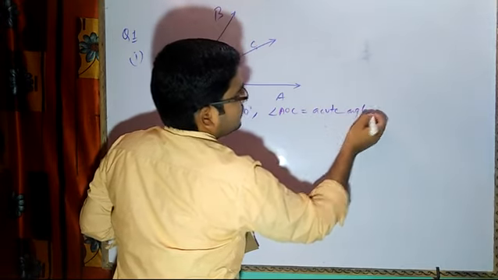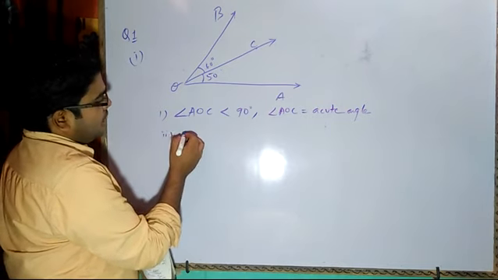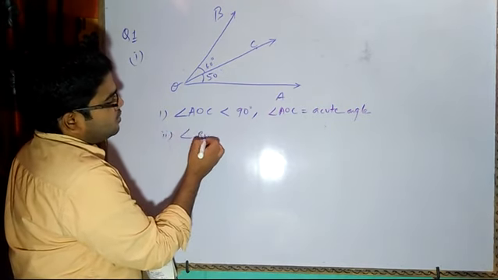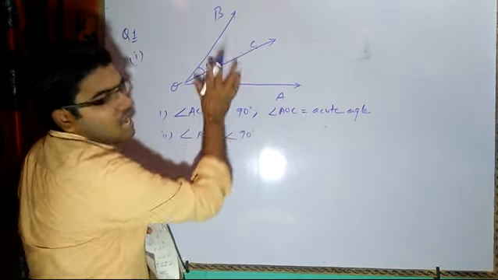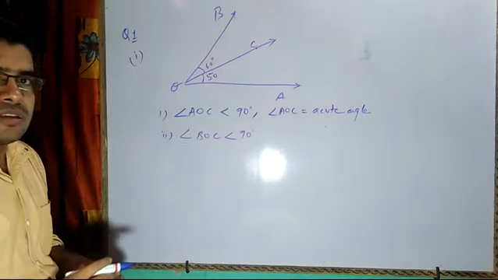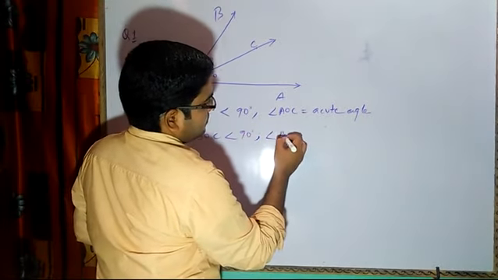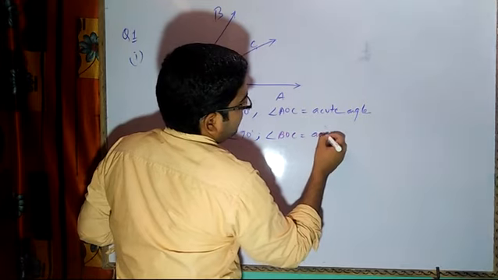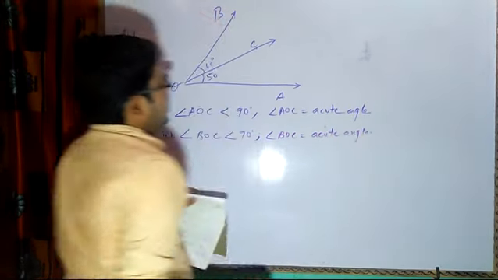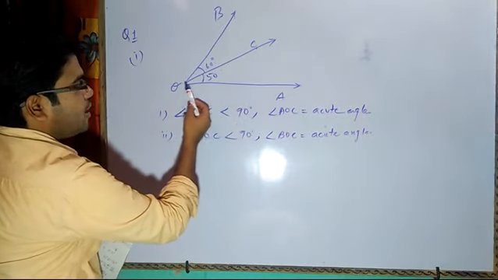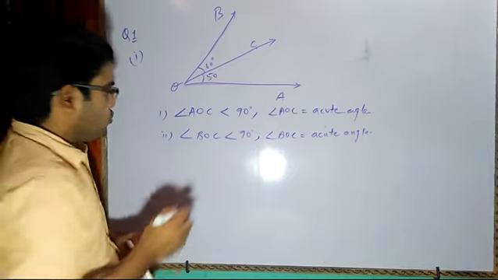Acute angle, correct. Now in the same way you can see the second part, angle BOC is again less than 90 degree. BOC is another angle. These two are adjacent angles, I have already discussed. So they will again be called acute angle. Now the sum of these two will be called one angle, AOB.